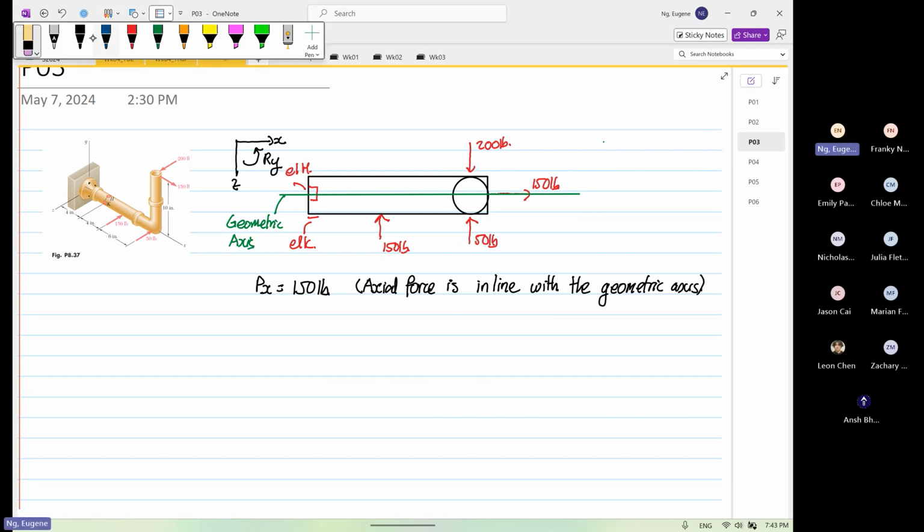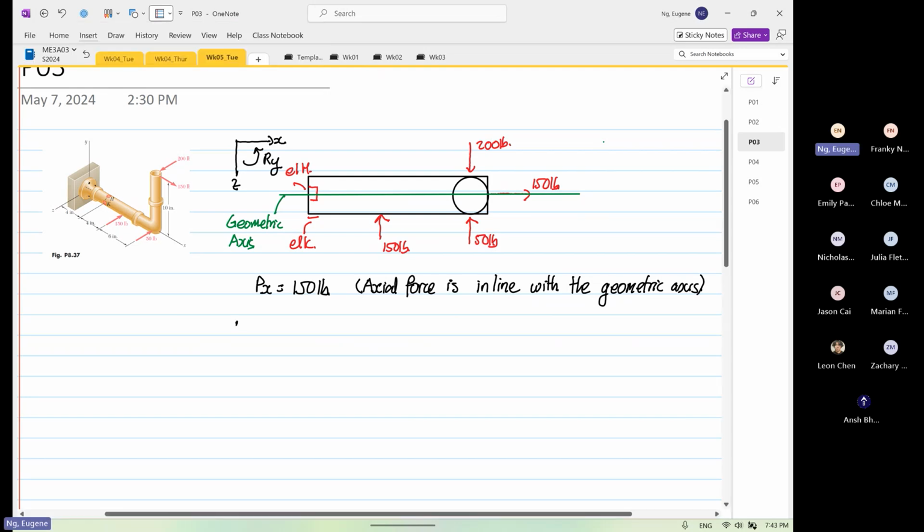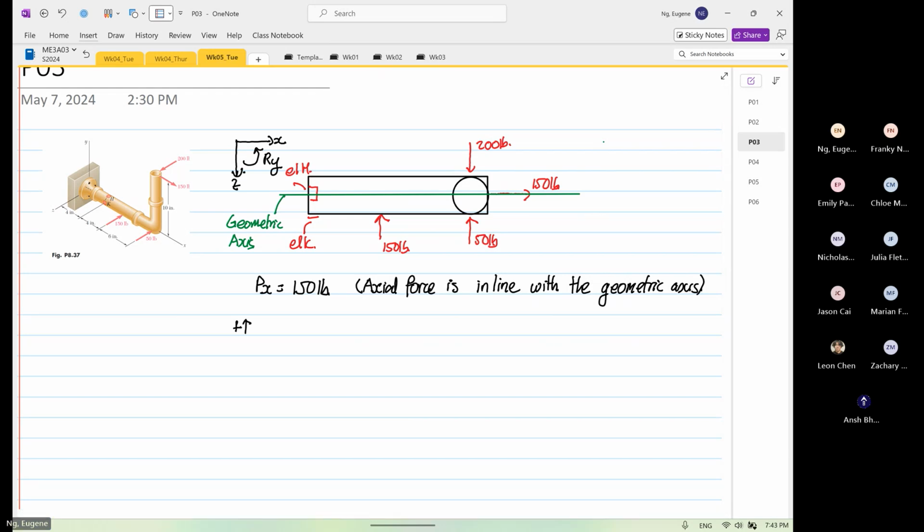Then the next one we are going to have, I'm going to say forces that are going up is positive, right? It's up to you, okay? I'm going to call forces that are going up positive.